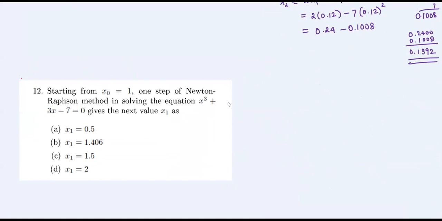Very simple. So we need to find a solution for f of x equal to 0. x cube plus 3x minus 7 equal to 0. f dash x is 3x square plus 3. So x equal to 1 is the starting point.